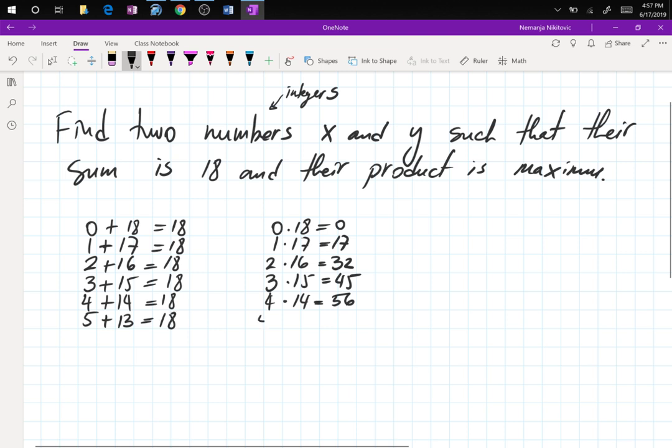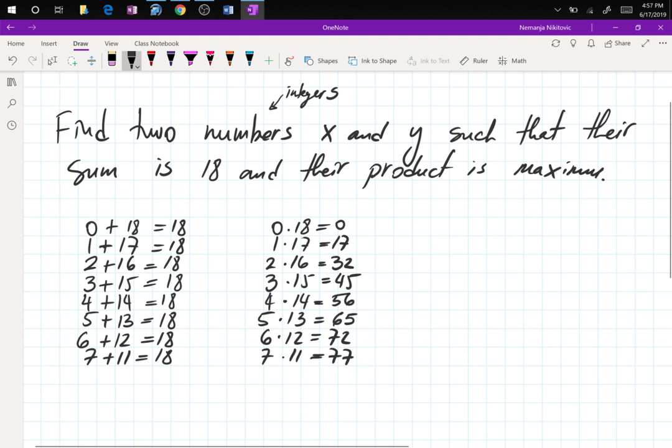And then we have 5 plus 13 is also 18, and then 5 times 13 is 65. And then 6 plus 12 is also 18. 6 times 12 is 72. 7 plus 11 is also 18. 7 times 11 is 77.